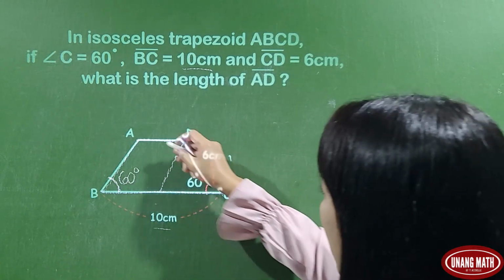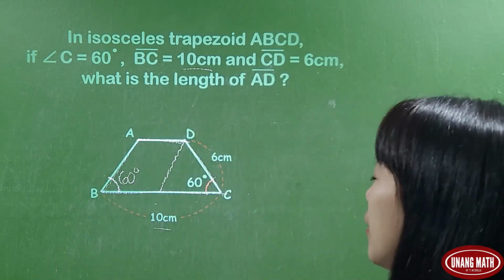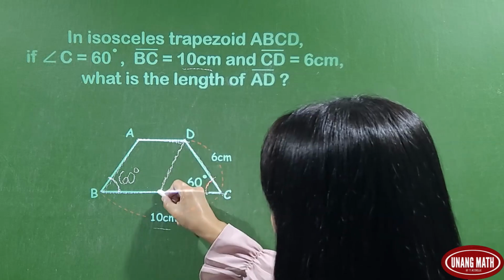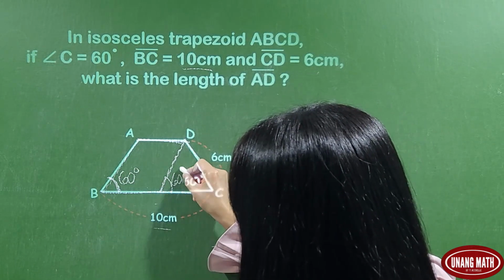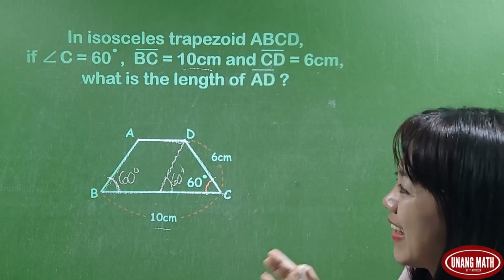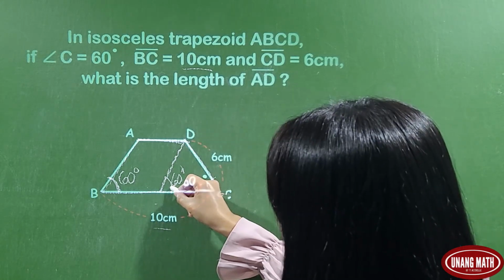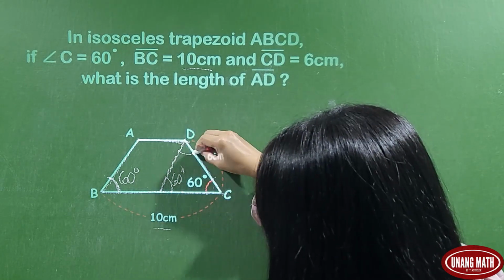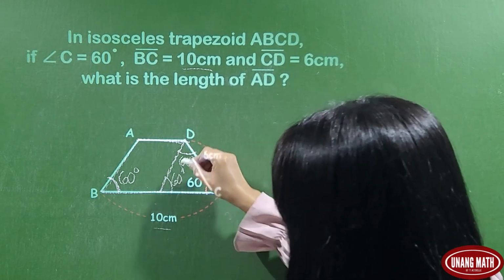What we're looking for is the measure of this side of this trapezoid. If this is 60 degrees, then this is also 60 degrees because these two angles are corresponding angles. Now 60, 60, then this missing angle here is also 60 degrees.